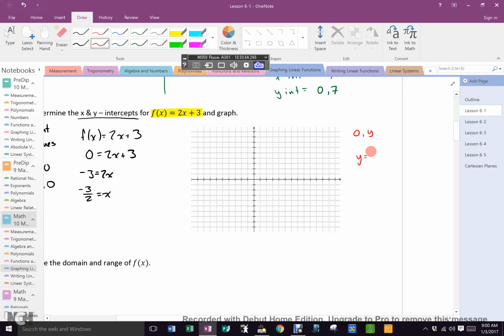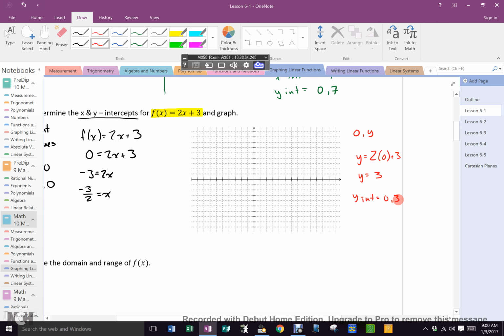So y equals 2, what's x now? What's x? 0. 2 times 0 plus 3. Y equals 3. So what is my y-intercept? 0, comma 3.